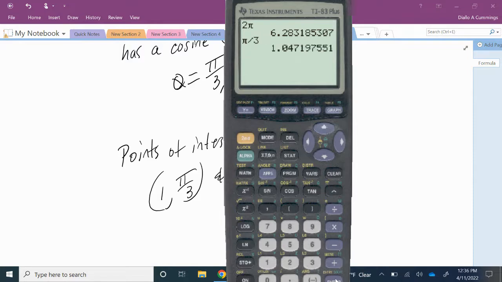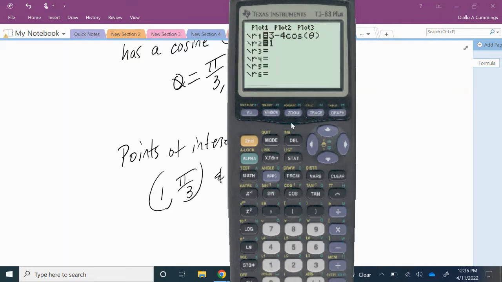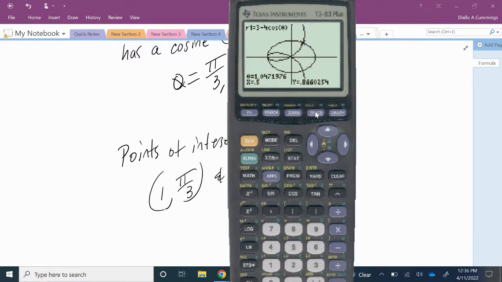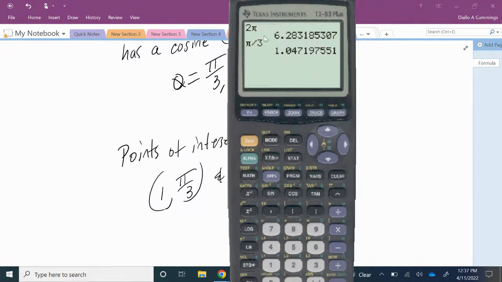Let me go back in. The value is 1.047, that's my pi over 3.